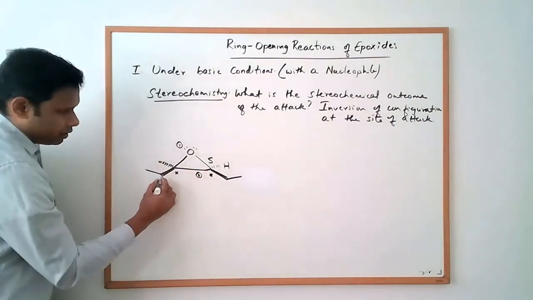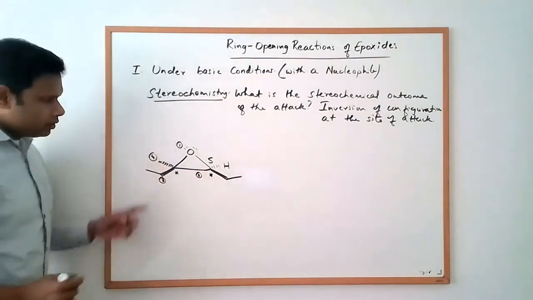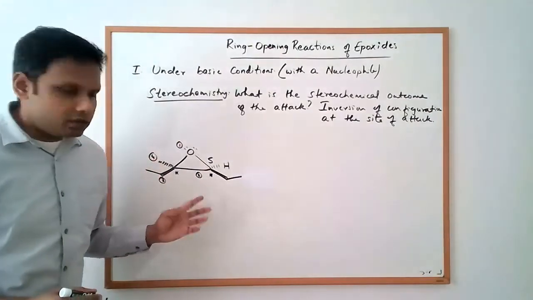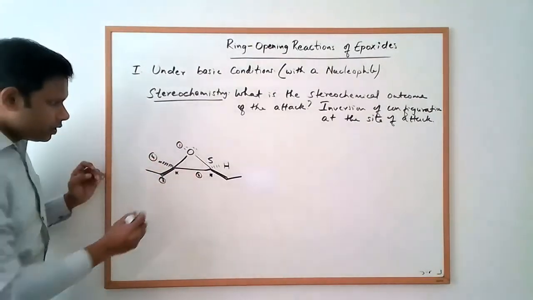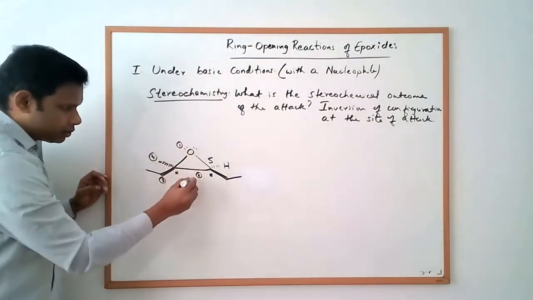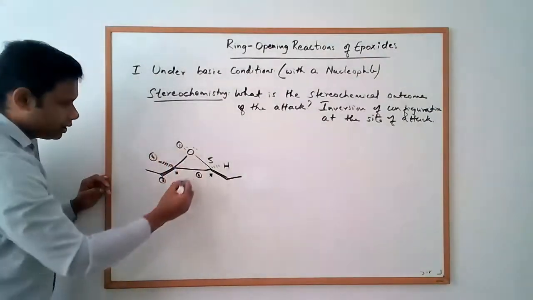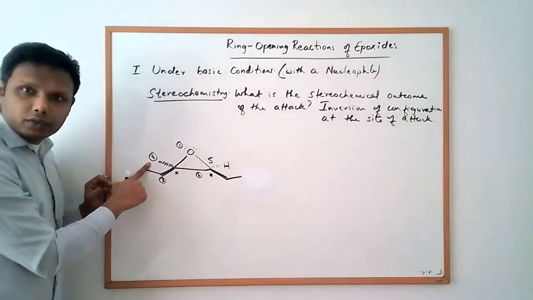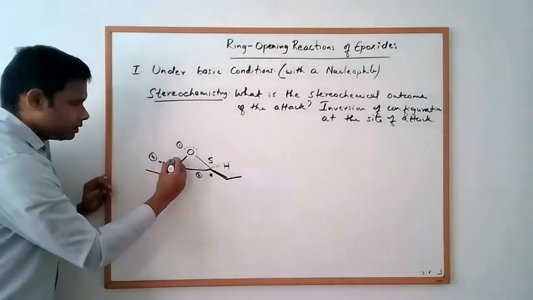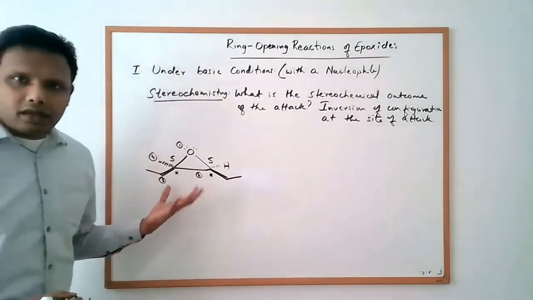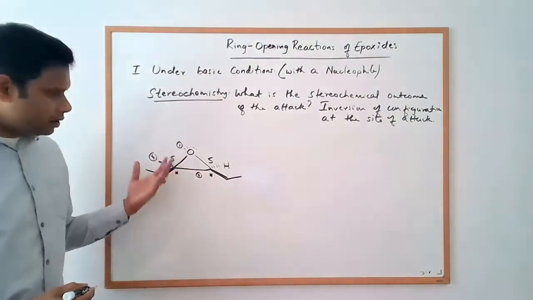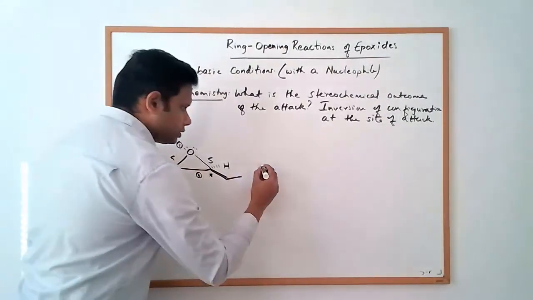You'll have 3 and then 4. So the methyl group is going to be the 4th priority group. If you look at it going from 1 to 2 to 3, this is still a counterclockwise rotation with the lowest priority group on the dash. That means this carbon is also an S configuration. So they're both S configurations.